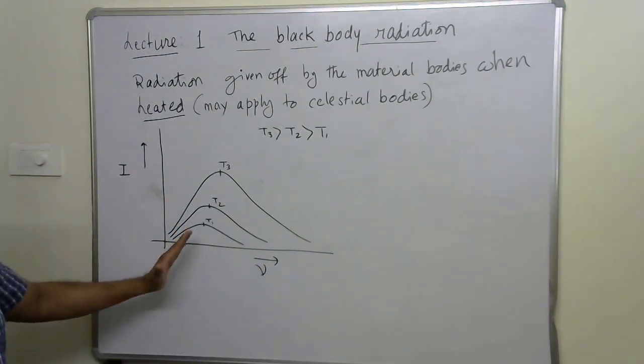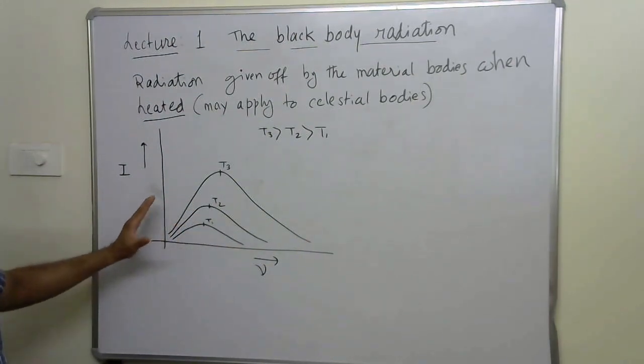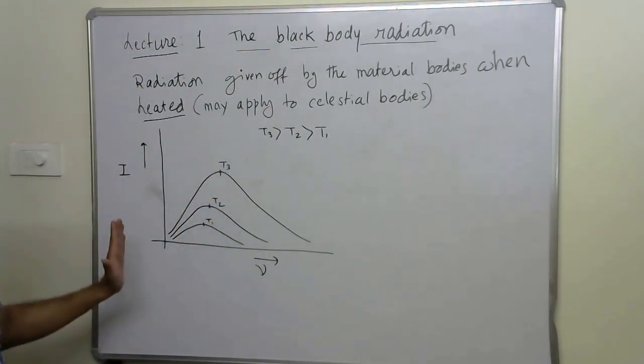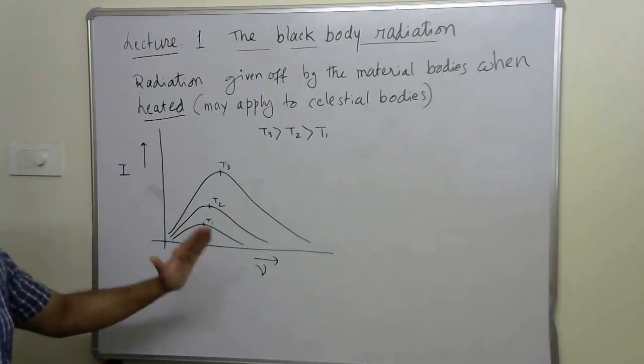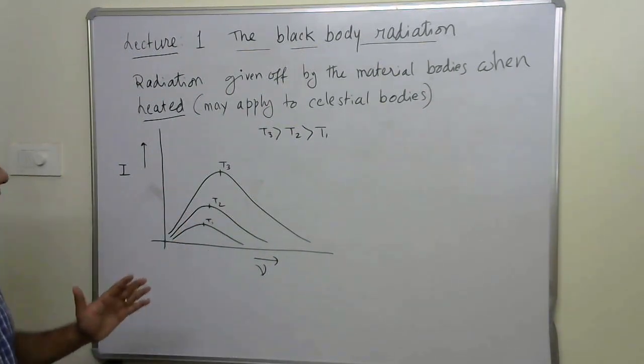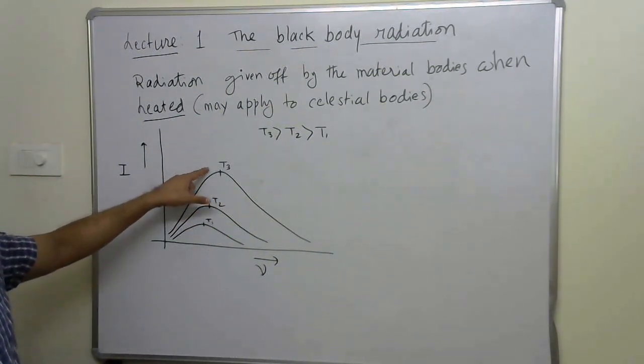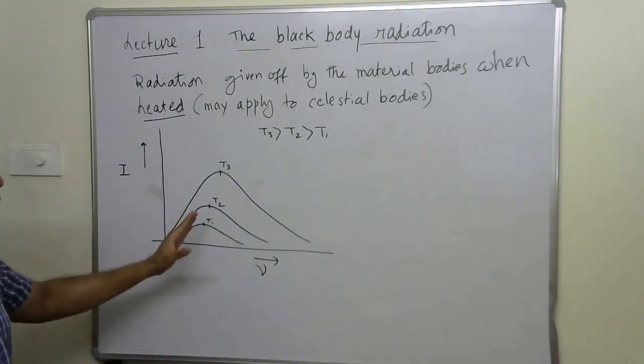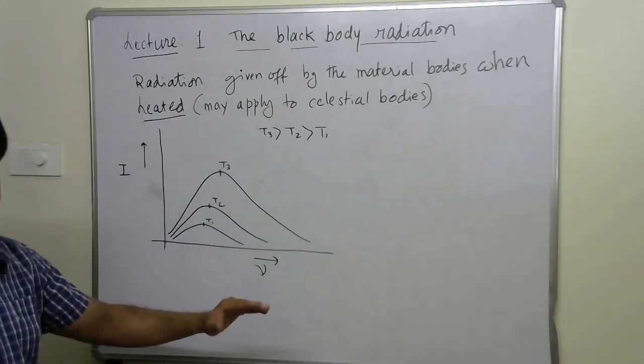But if you increase the temperature of heating, this is T1, T2 and T3, the more you heat up the body, the emission maxima you are getting from the body will be shifted to the higher frequency region.